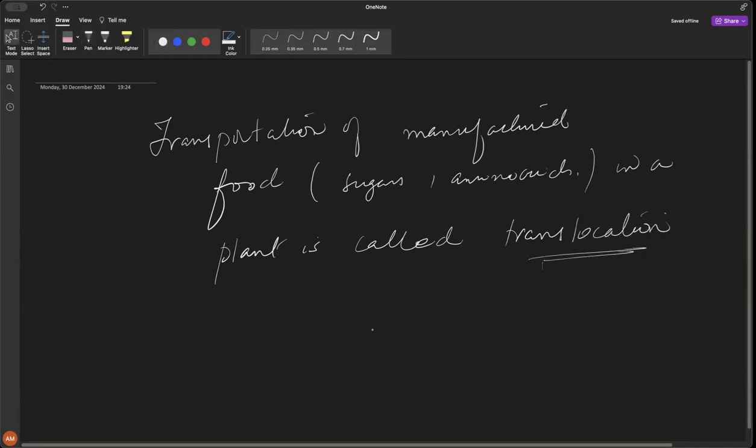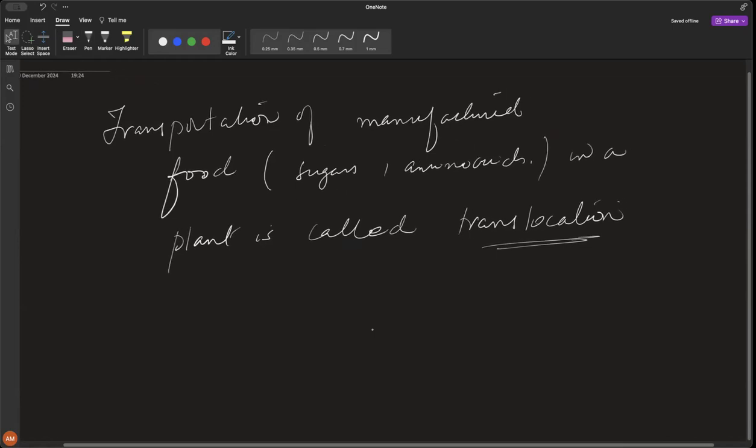All right, translocation. The movement of food substances, right? And we know this translocation can only take place where?